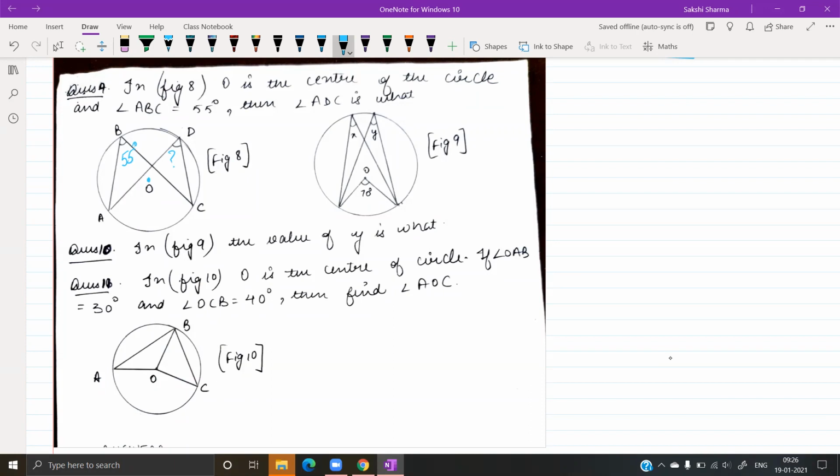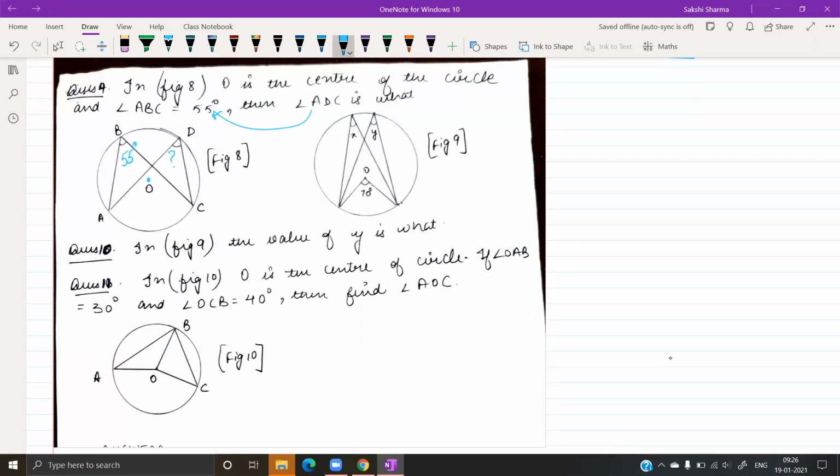Angles in the same segment. Now, for questions like these, where you give your answer in one single step, that angle ABC and ADC are equal, I advise you to give the reason as well. Angle ADC is equal to 55 degrees. These two are equal because these are the angles in the same segment.